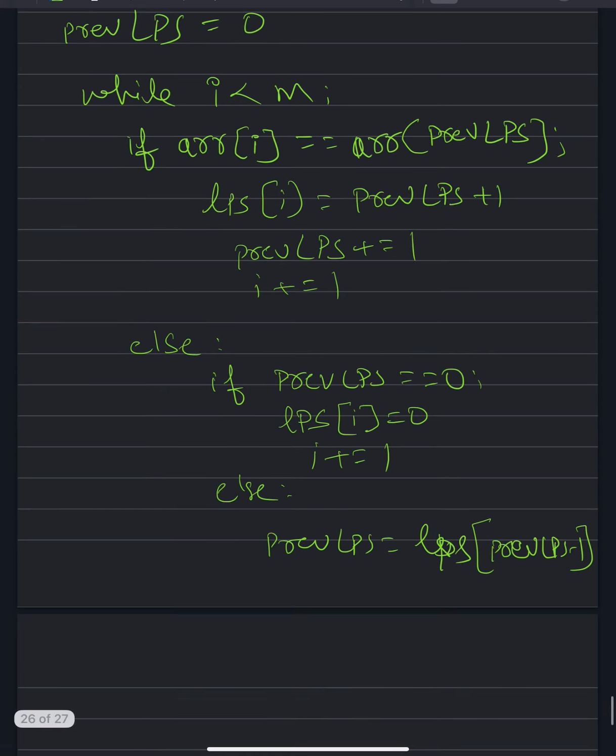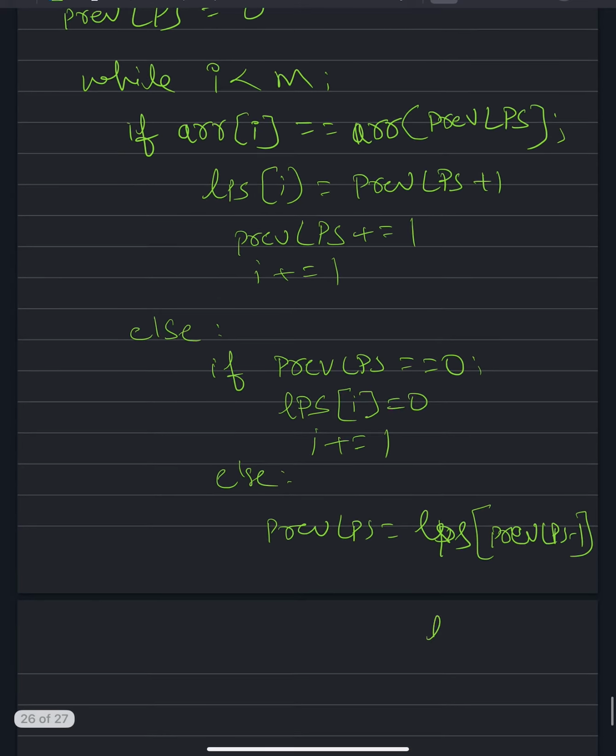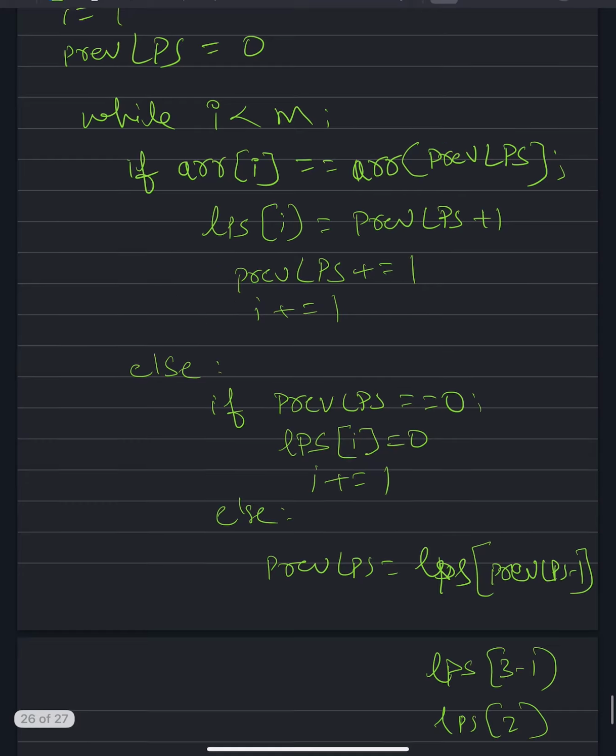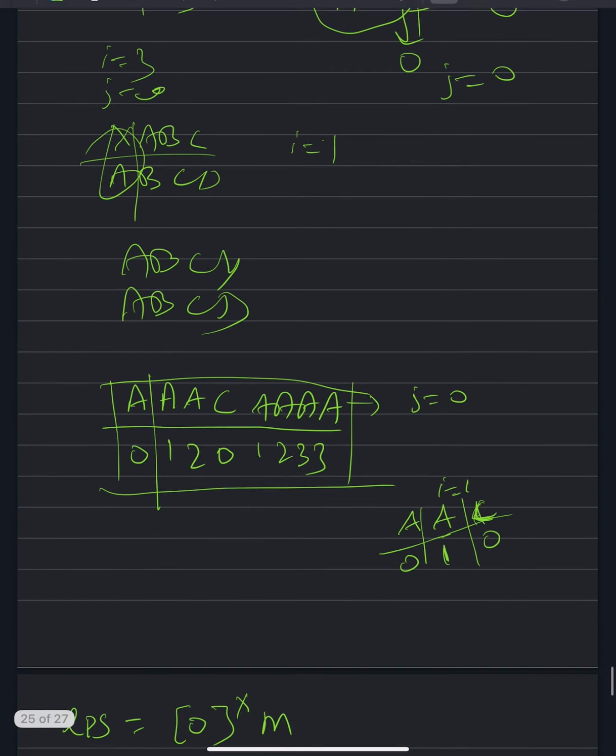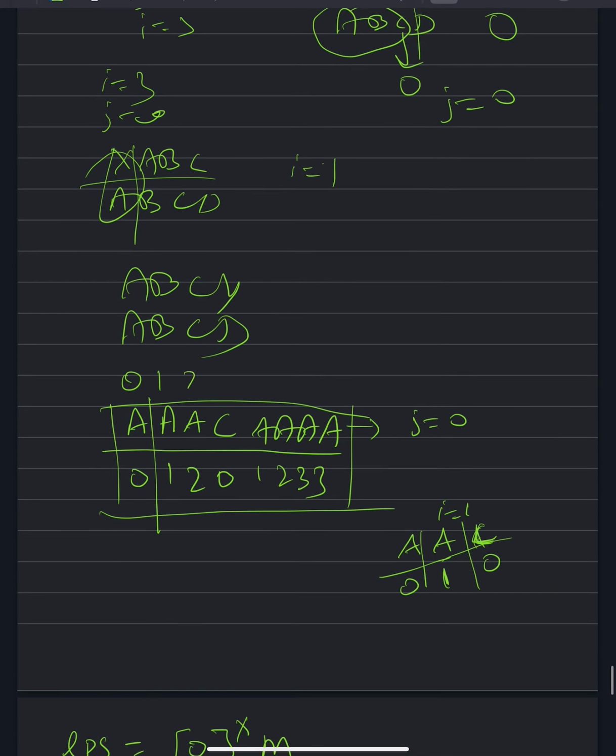Then what are we doing? We are doing previous LPS equal to LPS of previous minus 1, meaning LPS of 3 minus 1, because we were at 3. It's LPS of 2. Now, this is the important part, why we are doing this. So it's 0, 1, 2, 3, 4, 5, 6, 7.